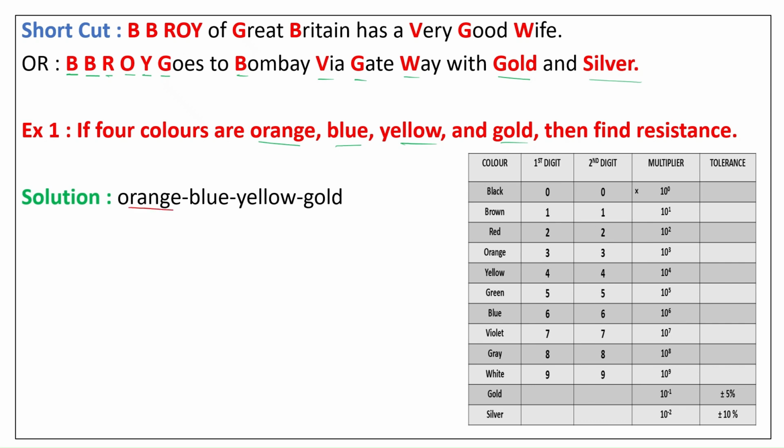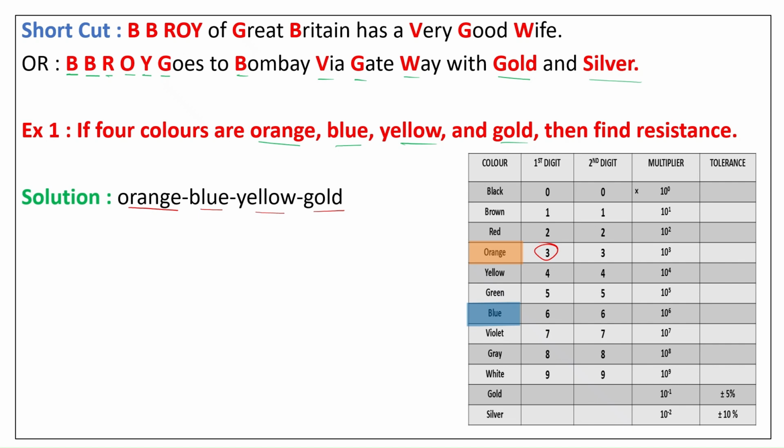Colors are orange, blue, yellow, gold. Formula is R is equal to xy into 10 to the power z plus or minus tolerance. Here x is the first digit, y is the second digit. First color is orange and its digit is 3.